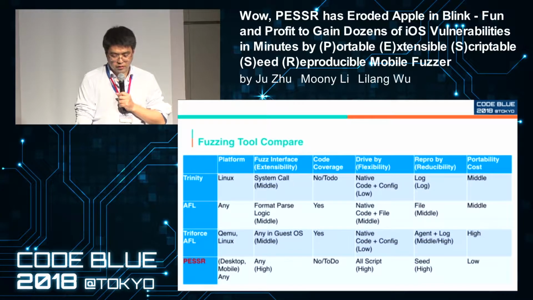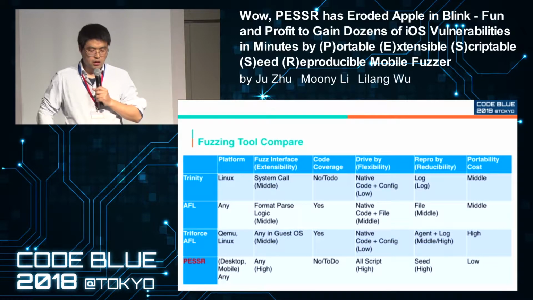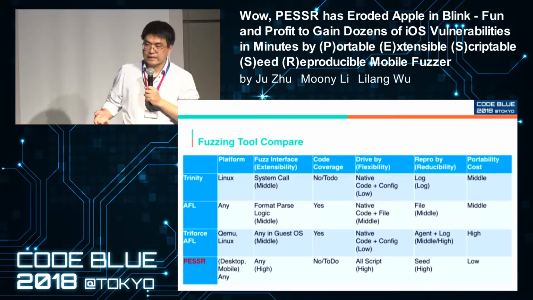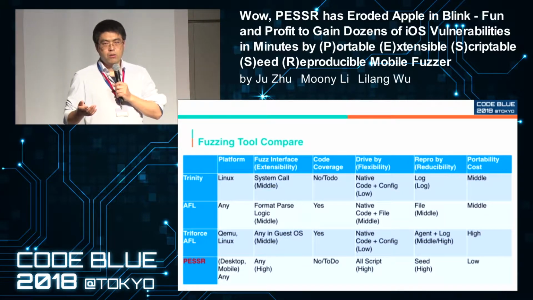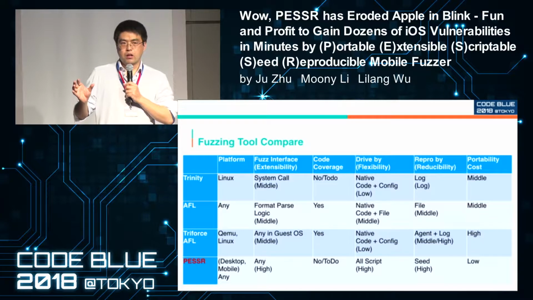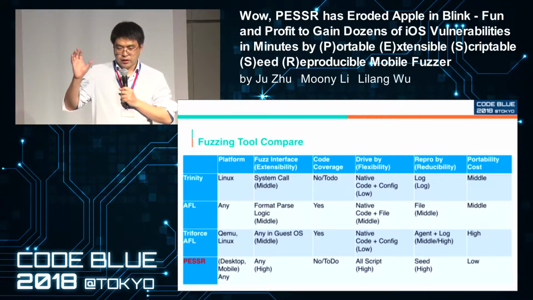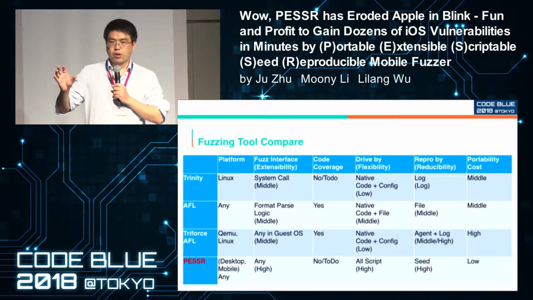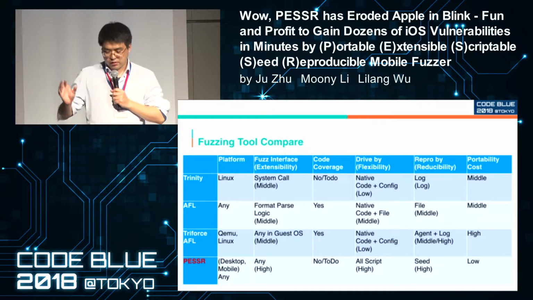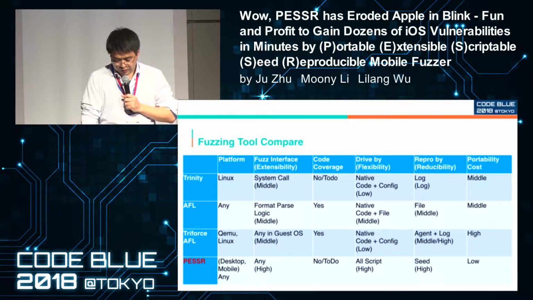Currently, our PESSR does not support code coverage, but in the future plan, we will consider adding code coverage to our solution. And about the reproduction part, PESSR is based on the seed. As we have mentioned before, using the seed strategy can save a lot of reproduction effort.